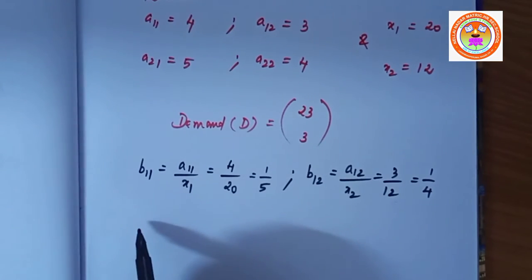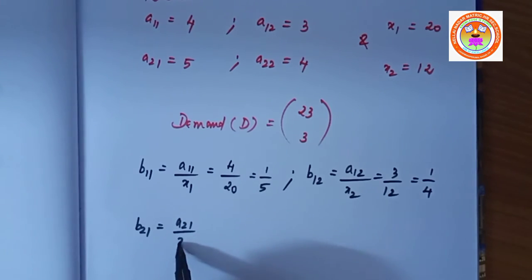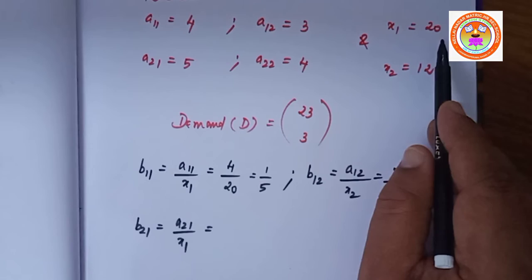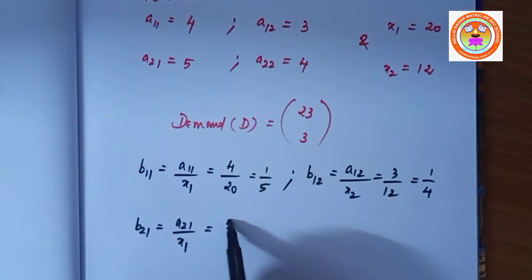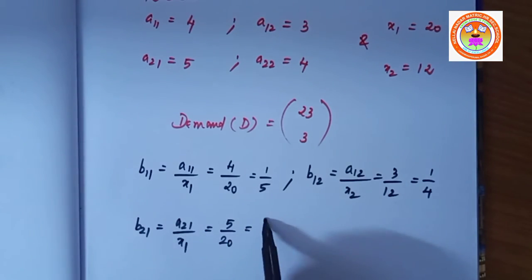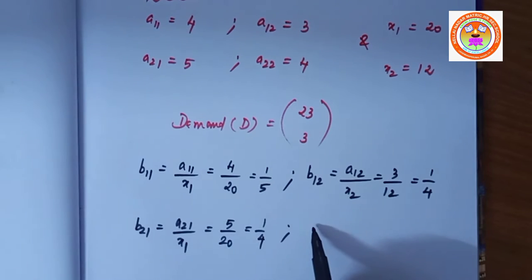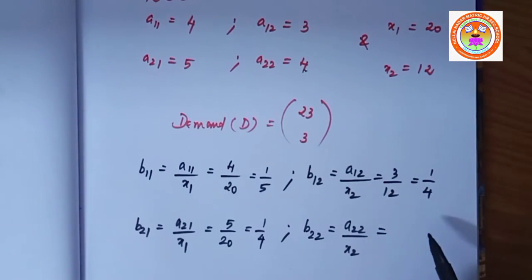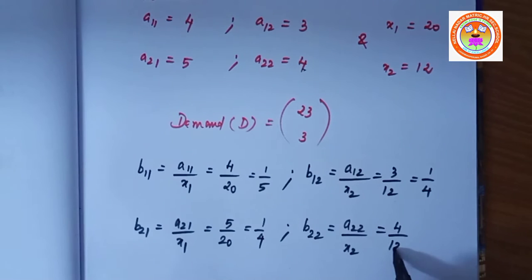Then you have to find out B21. B21 is equal to A21 divided by X1. A21 is 5, X1 is 20, 5 divided by 20. If you simplify, you'll be getting 1 by 4. Finally, B22 is equal to A22 divided by X2. A22 here is 4 and X2 is 12. 4 divided by 12. If you simplify by 4 table, you'll be getting 1 by 3.